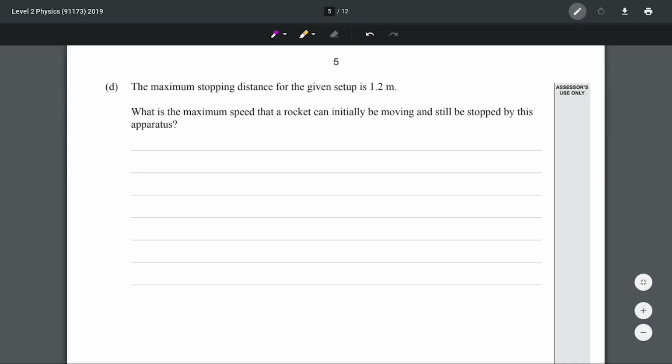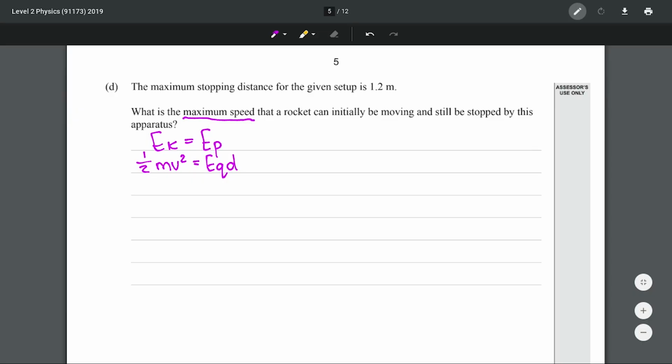So we're once again looking at the energy transformation between kinetic energy and electric potential, where our kinetic energy is once again half mv squared, and our electric potential is EQD. And we just want to solve for the speed, knowing all the other things.